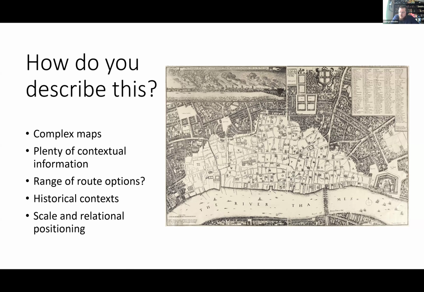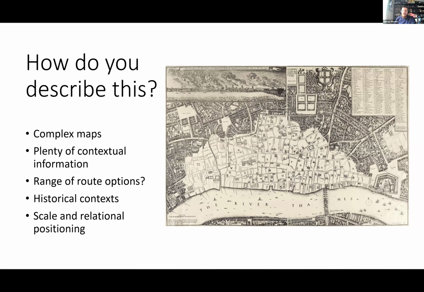Even for some of the other work that I've been doing with, for example, the National Archives, the reason why I think it's so important that we have tactile alternatives rather than just audio tours or audio descriptions for maps is how do you go about starting to describe such complex images? This here is a historical example of the survey following the Great Fire of London. There's so much context here. There's so many different ways we could talk through this map.